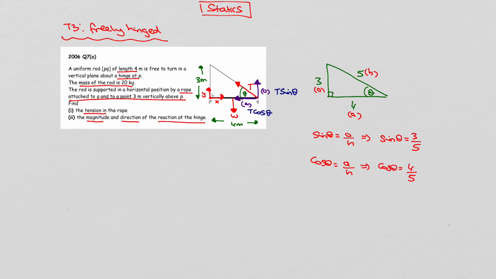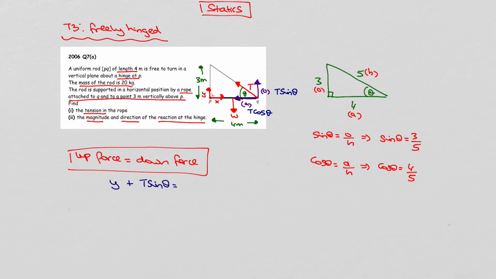So now, if I look at my first law of coplanar forces, we have the up force must equal the down force, in which case the up force is Y plus T sine theta, and that must equal my down force, which is the weight of the rod.